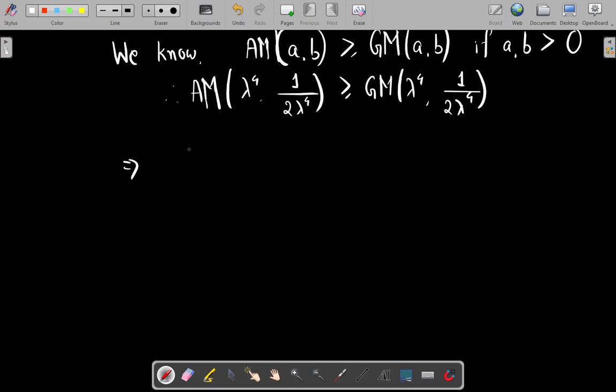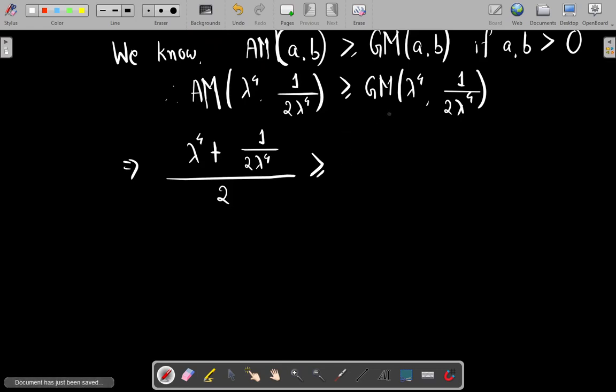So the arithmetic mean will be lambda to the power 4 plus 1 upon 2 lambda to the power 4, upon 2, and this will be greater than or equal to the geometric mean, which is (a into b) whole to the power half, right? So this is square root of ab. So this will be lambda to the power 4 times 1 upon 2 lambda to the power 4.